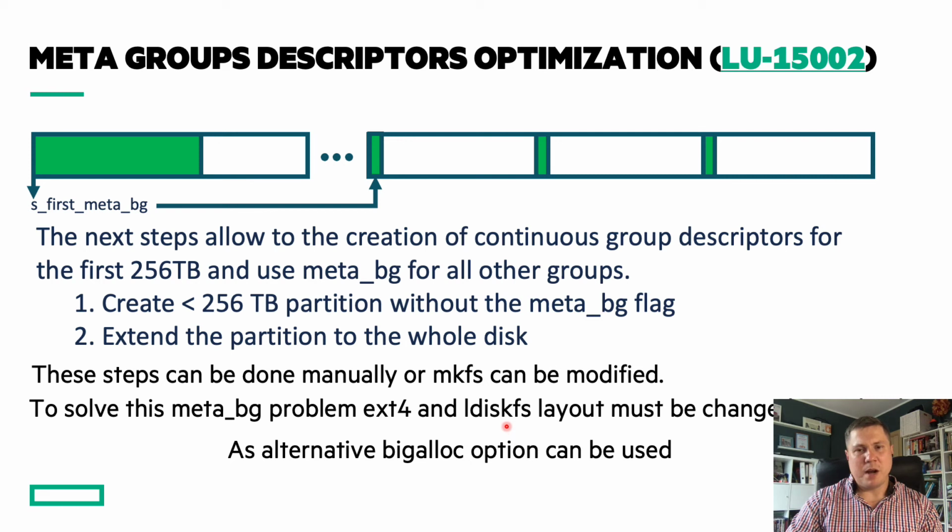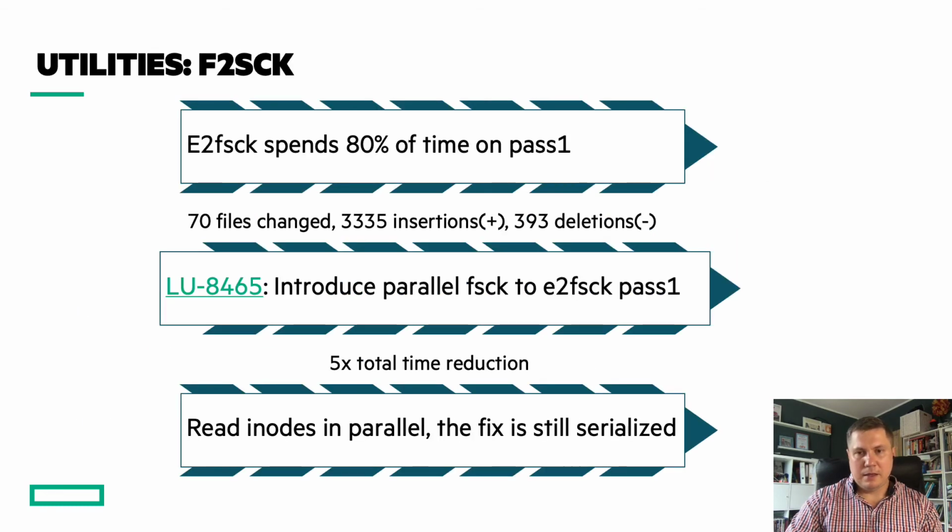To fix this problem in ext4, the ext4 format should be rewritten completely. Then, when something bad happens, we need to use the e2fsprogs utilities. That works quite slowly for really large partitions.